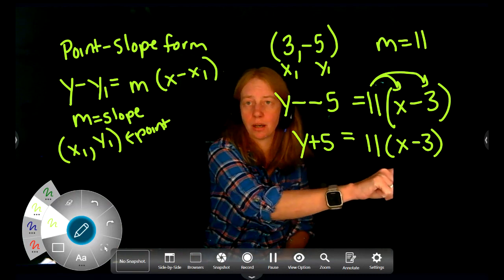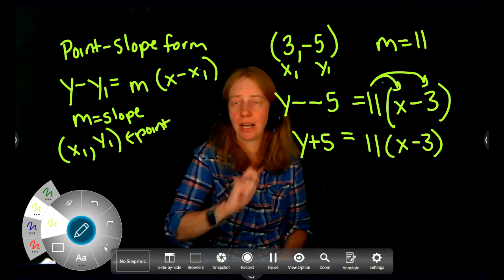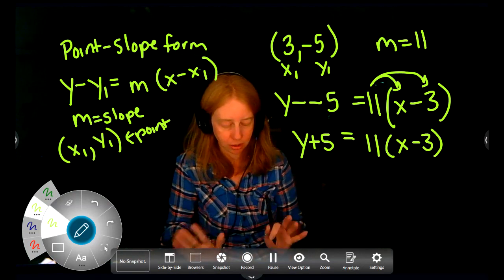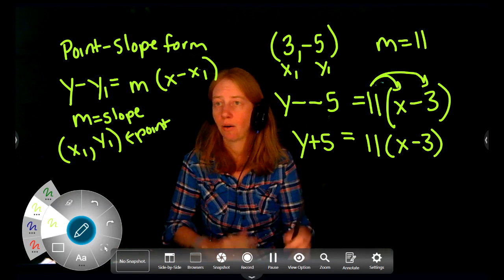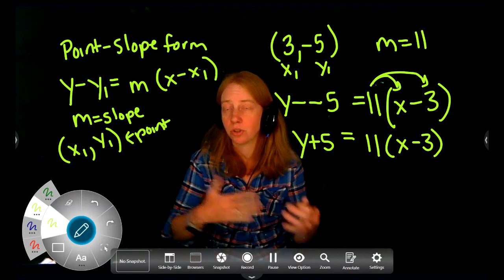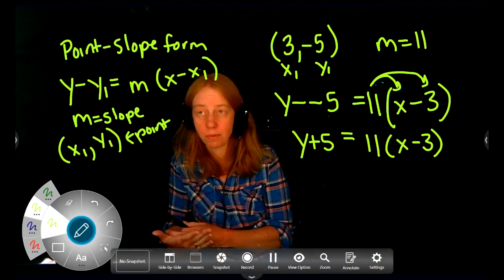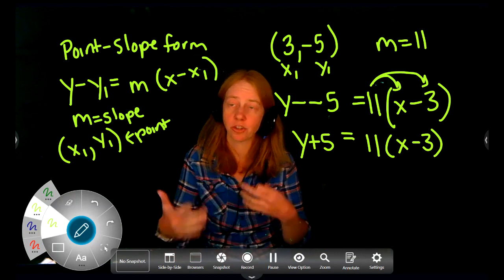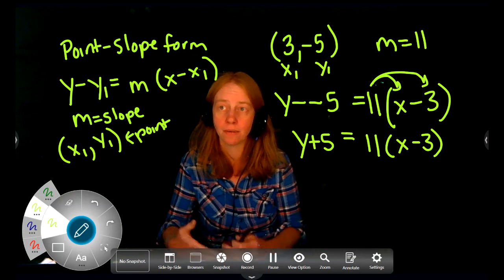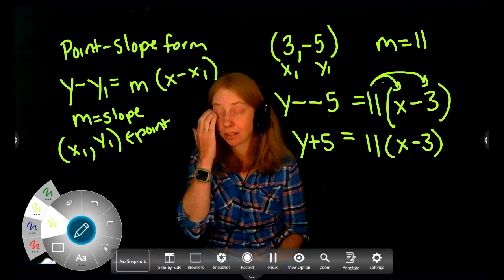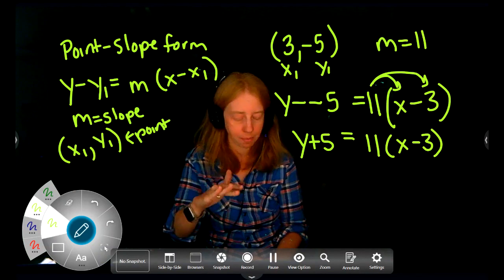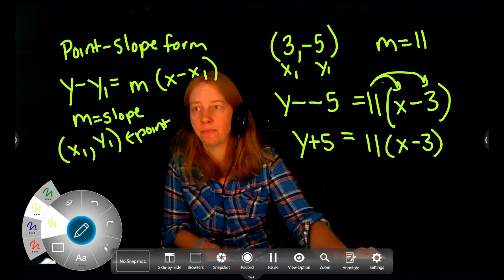You have your point, which is the +3, -5 that you've put into the right places, and you can just stop. Now I could convert that to slope intercept form if I wanted to. I can convert that to standard form because I'm familiar with algebra and we've been practicing those things. But if I am just asked to put it in point slope form, I'm done. I stop. So that's what I'm going to do.